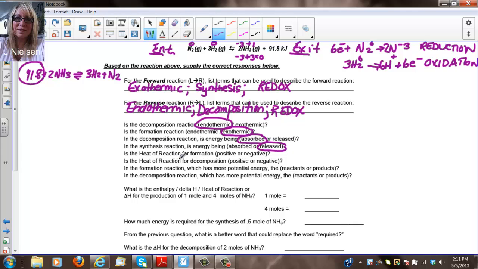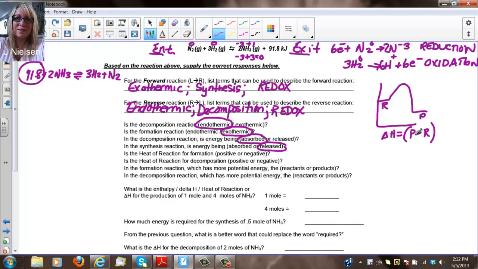Is the heat of formation, meaning synthesis, positive or negative? Well, remember, and we're going to talk about this in a minute, in an exothermic curve, here are reactants, here are products, our products are lower than our reactants. And remember, delta H is always equal to potential energy of the products minus potential energy of the reactants.